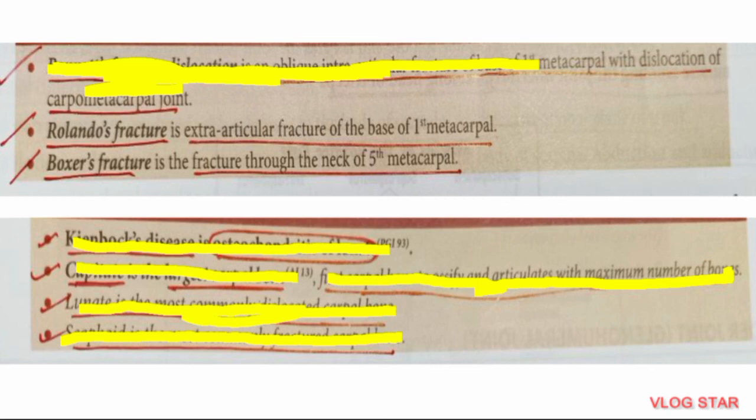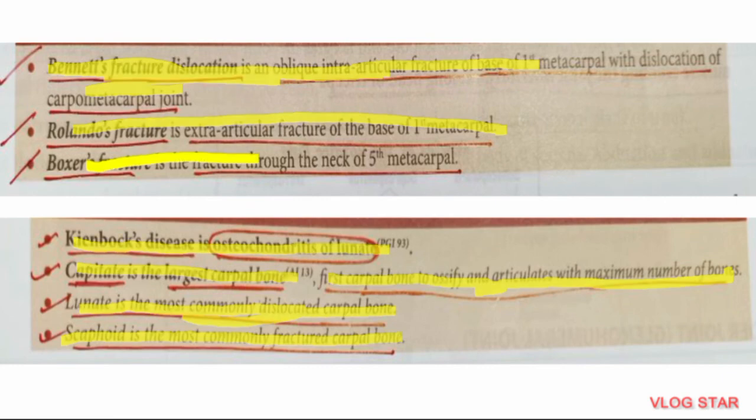Rolando's fracture is a comminuted fracture of the base of the first metacarpal. And Boxer's fracture is a fracture through the neck of the fifth metacarpal. All these points are very important, so keep them at your fingertips for your examination and for your personal knowledge also.